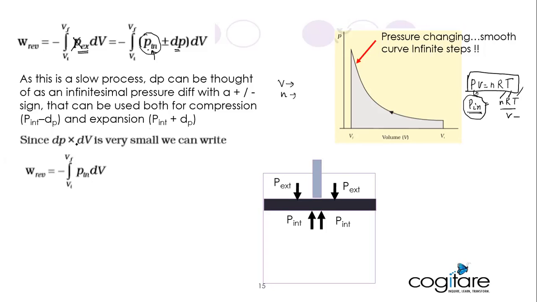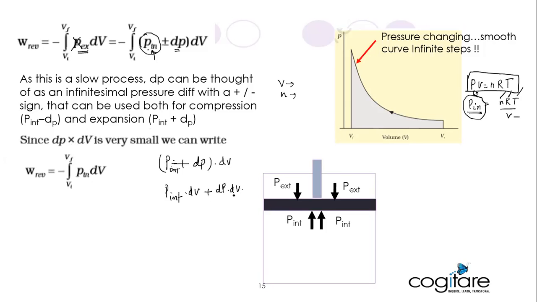Since dP is very small, here we are doing P internal plus dP into dV. That means this is going to be P internal into dV plus dP into dV.